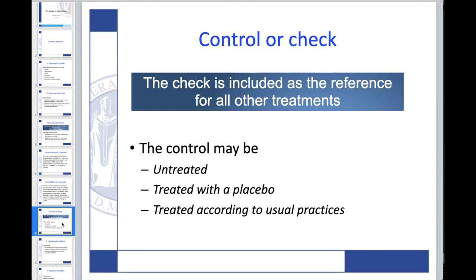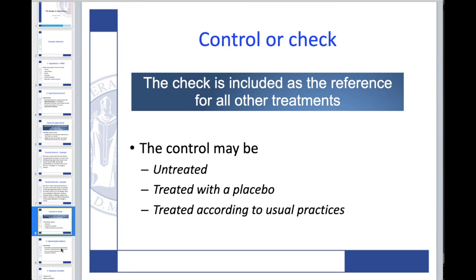For example, if we want to compare wheat genotypes, we usually include a reference genotype, which is the one that is normally grown in that location where we make the experiments, right? So this is what concerns the experimental treatments.